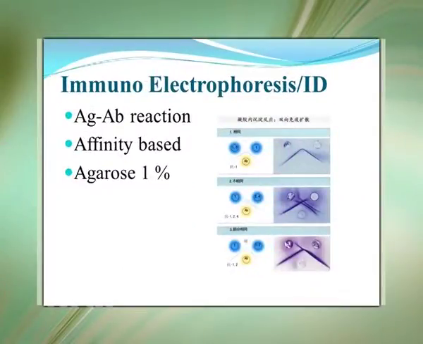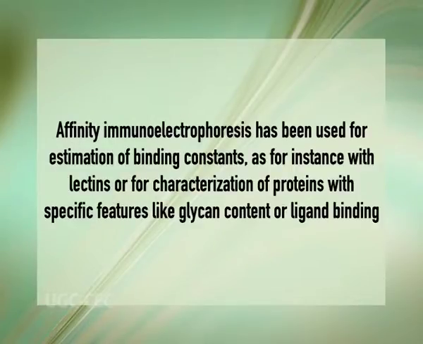Affinity immunoelectrophoresis is based on changes in the electrophoretic pattern of proteins through specific interaction or complex formation with other macromolecules or ligands. Affinity immunoelectrophoresis has been used for estimation of binding constants, as for instance with lectins, or for characterization of proteins with specific features like glycan content or ligand binding.